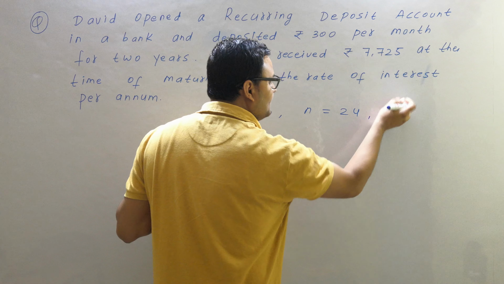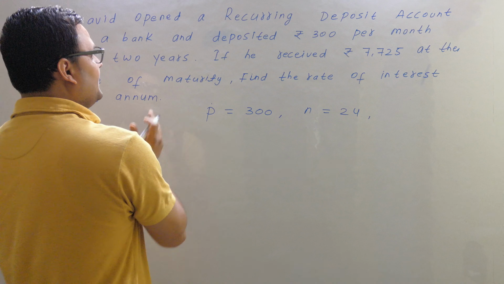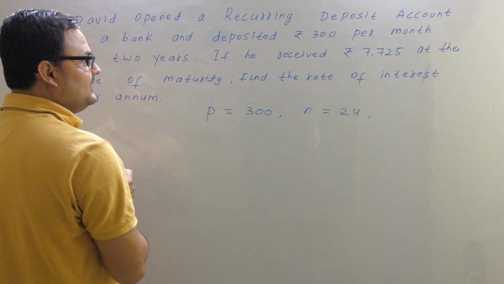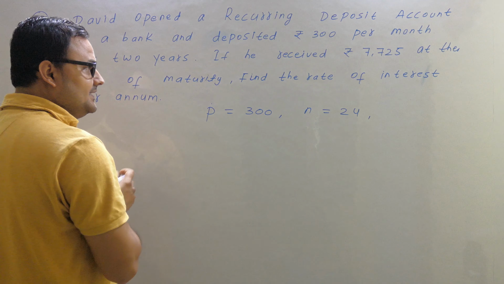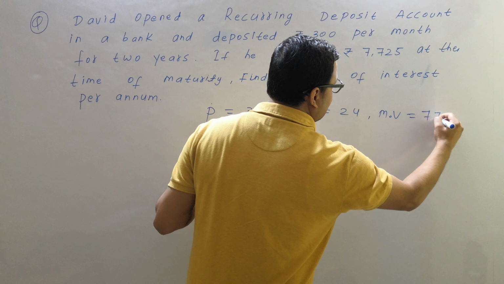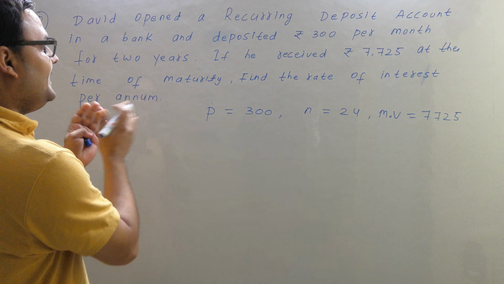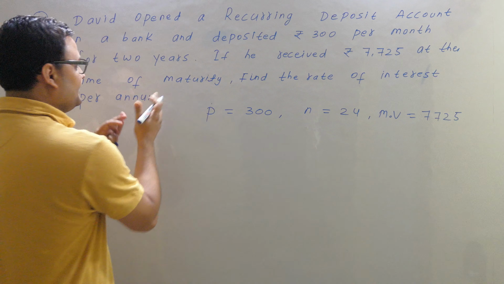No need to write months, n simply 24 because n equal number of months. If he received 7,725 at the time of maturity, it means maturity value is 7,725. Now we have to find the rate of interest per annum.